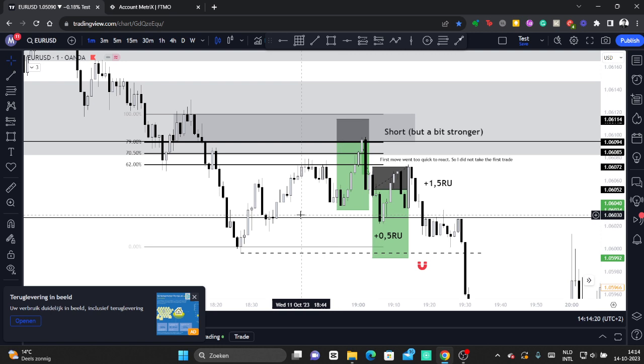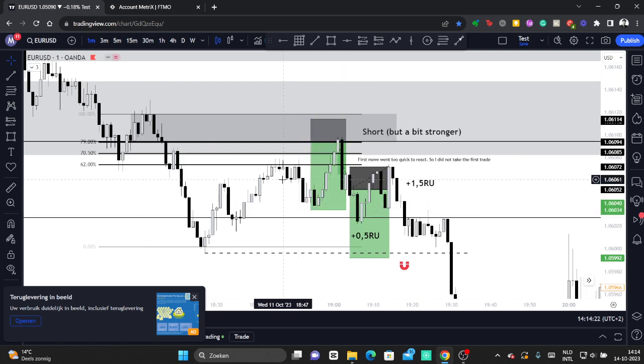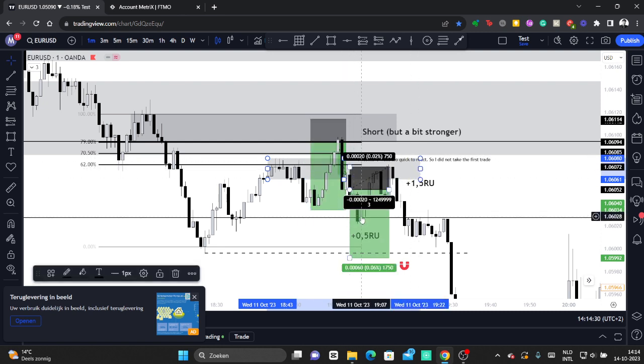But there was another opportunity, because here is a valid zone in my opinion. After a breakdown and coming backwards, having a small short liquidity grab and going to the other side, I wanted to take that.